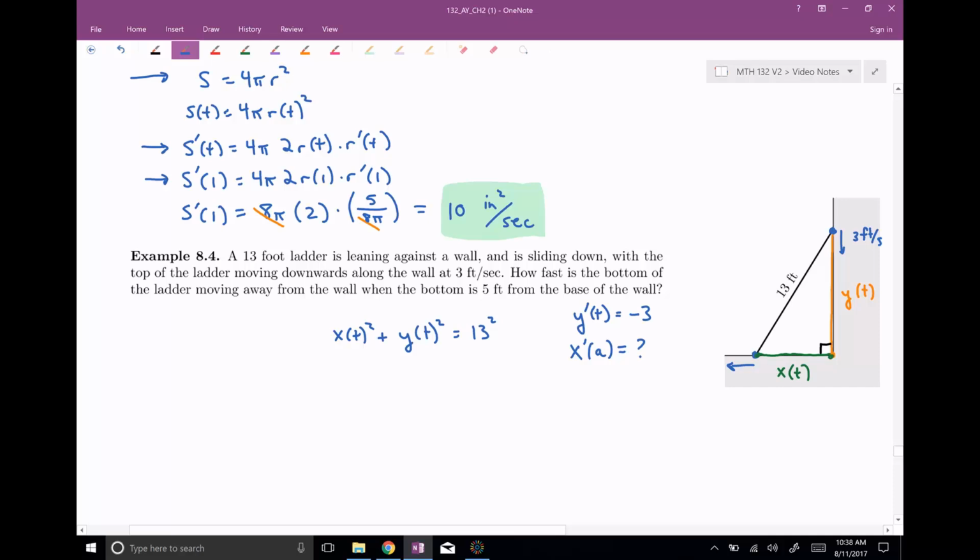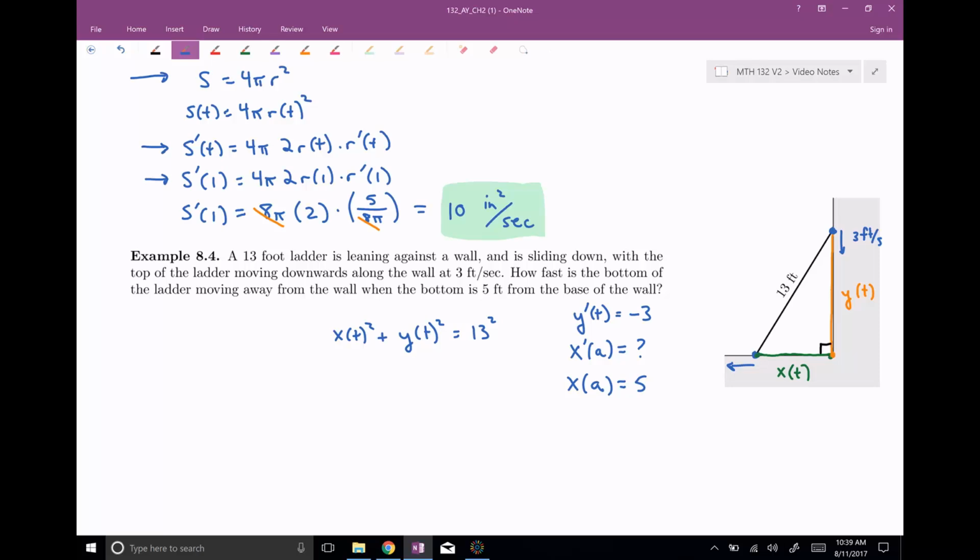So the information says that x of A is 5. And again, that A value could be 1 or 2 or any time. It doesn't specify what time it's at, so I'm just using A as a placeholder. If you're in a physics class, you may use T sub 1 or T sub 0 or something like this to denote a specific time.